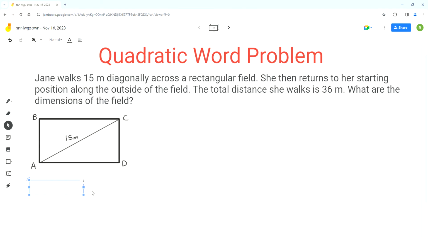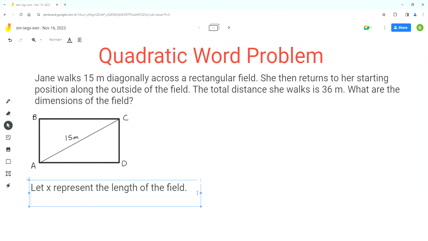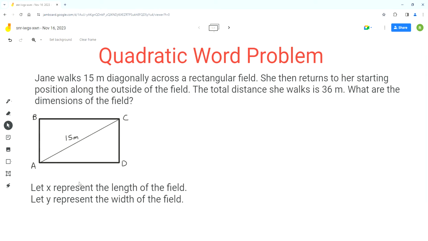Our let statements can be: let x represent the length of the field, and the next statement can be let y represent the width of the field. So we can show that in the diagram. So this will be x and this will be y.